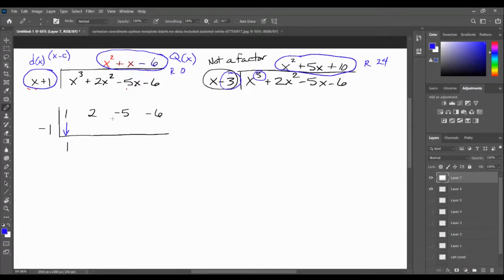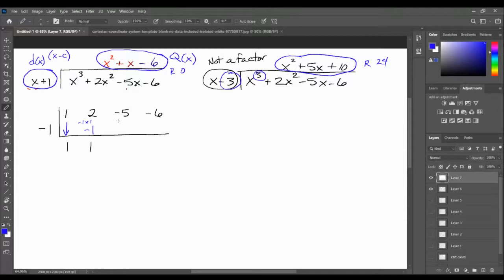And now we're going to multiply negative 1 times 1 and write it up here. I'm going to go ahead and write that in, though I almost never do. Negative 1 times 1 is negative 1. And now what I do is I just add these. 2 plus negative 1 is 1. And now we multiply again the 0 times our number.